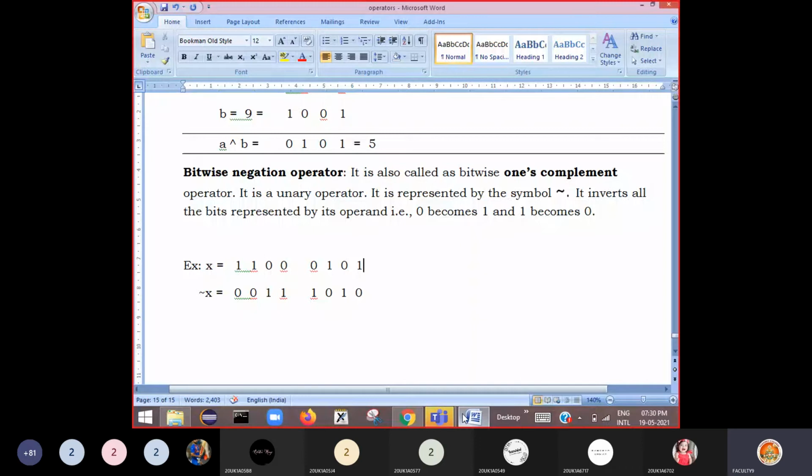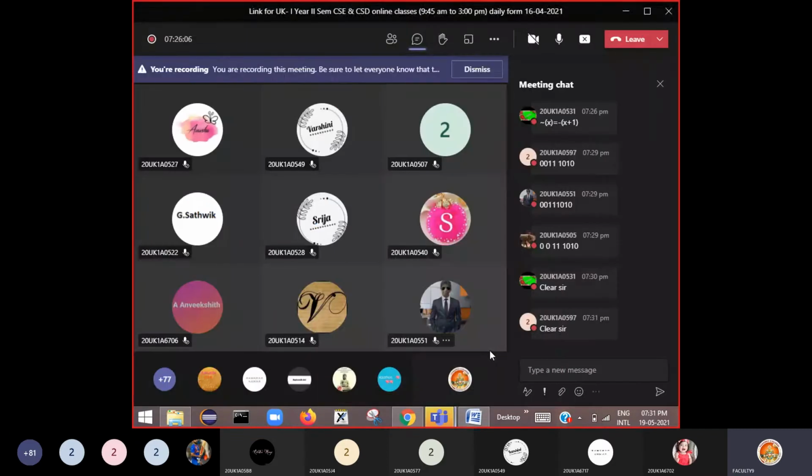So 1100, then you will get 0011 and 0101 means 1010 we will get. Okay, so we have given correct answer 505 and 551.